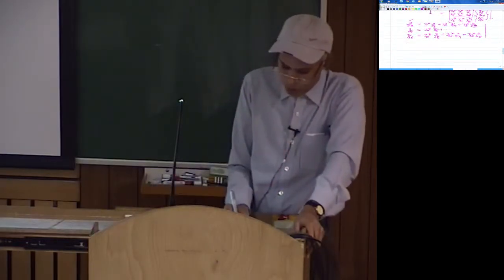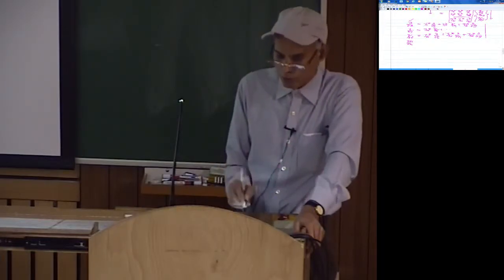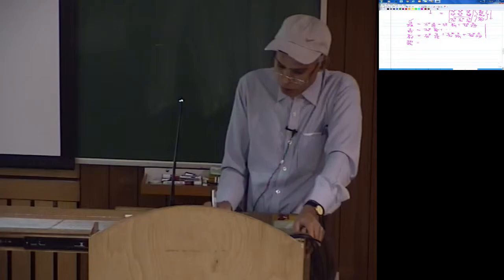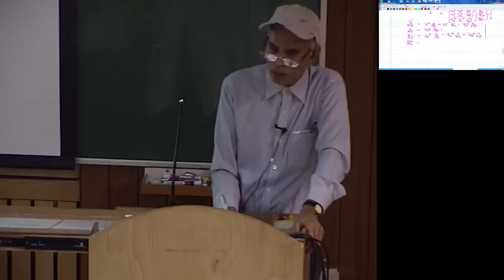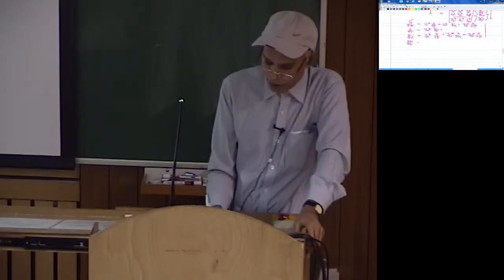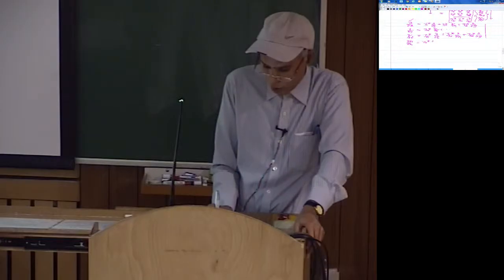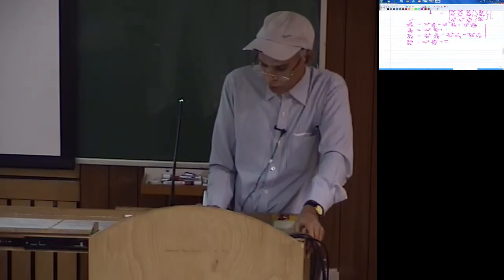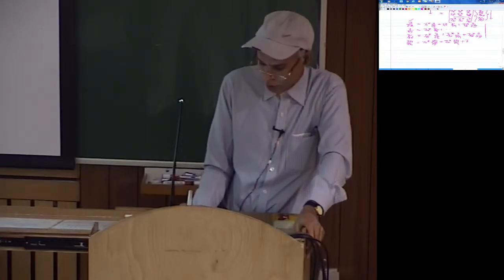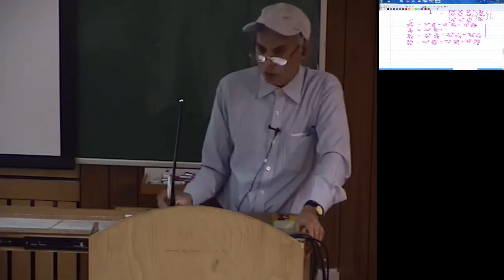For example, I want del n1 by del x, which is needed in the strain displacement matrix B. So I operate del by del x on n1, and on the right hand side I will have these three terms: J11 star into del n1 by del xi plus J12 star into del n1 by del eta plus J13 star into del n1 by del zeta.